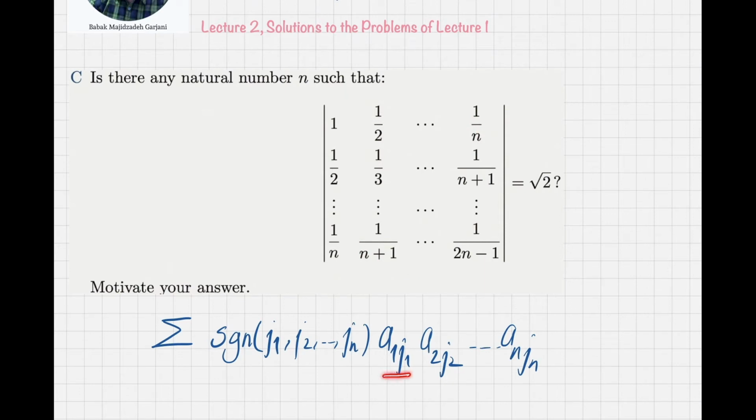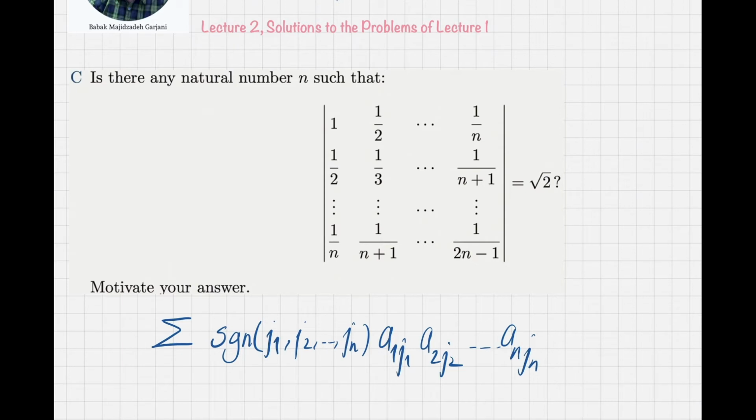Okay, but all of these numbers are rational numbers. So it means that this elementary product, which one it is, it doesn't matter, all of them are rationals. And if I multiply them by a plus or minus sign, it remains rational. And I am adding all these signed elementary products together. Each elementary signed product is a rational number, so the sum is also a rational number.